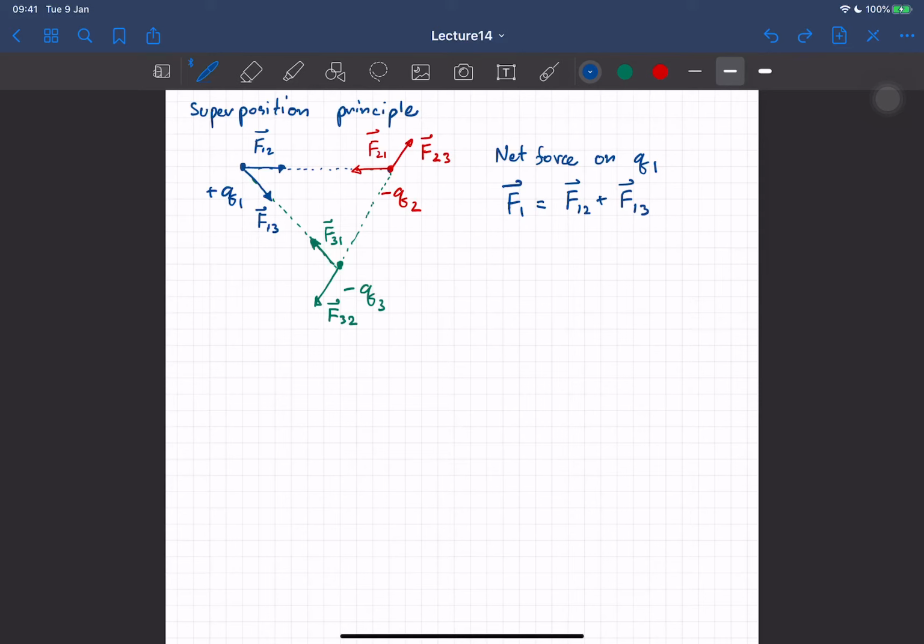It's actually not trivial why this is true. We kind of learn in elementary physics class that this is true, but it's true because the equation governing electromagnetic theory is also linear.